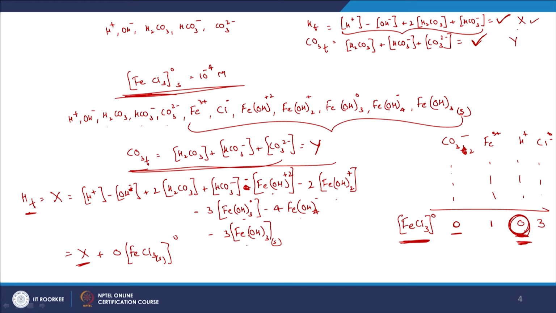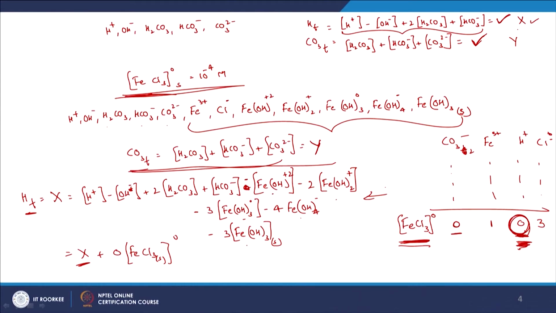So again, keep in mind that you are adding FeCl3, that does not change. Let us say earlier H total was 10 power minus 4, just for an example. By adding FeCl3, as you see from your total component balance here, there is no source of H plus in FeCl3, right. So the H total is still 10 power minus 4, but this is now distributed over a few more species, as in a few more complexes and the solid too, right.